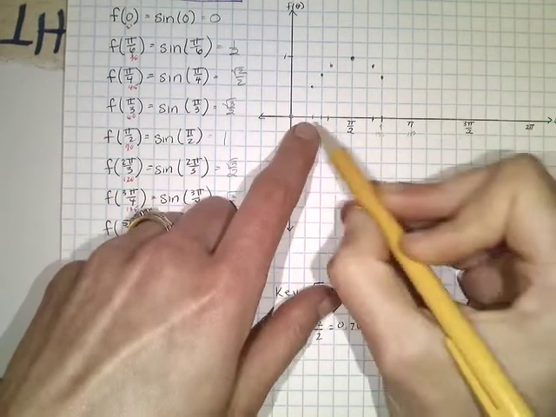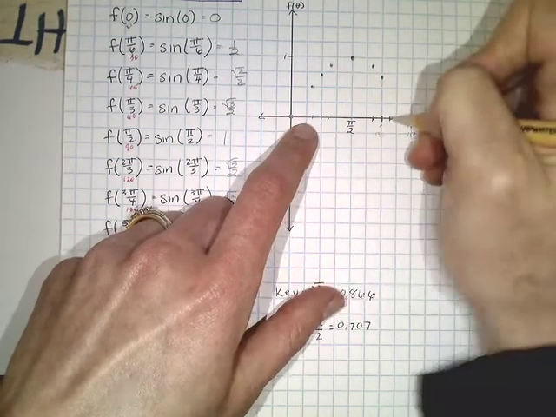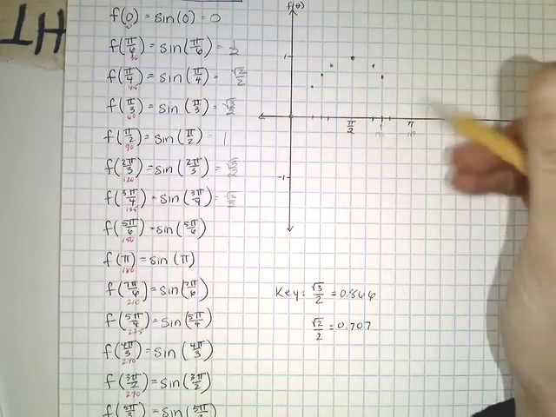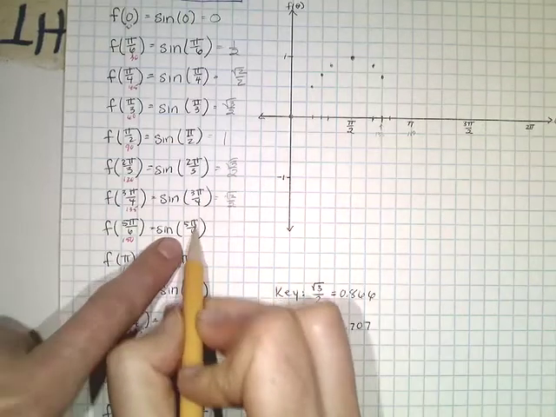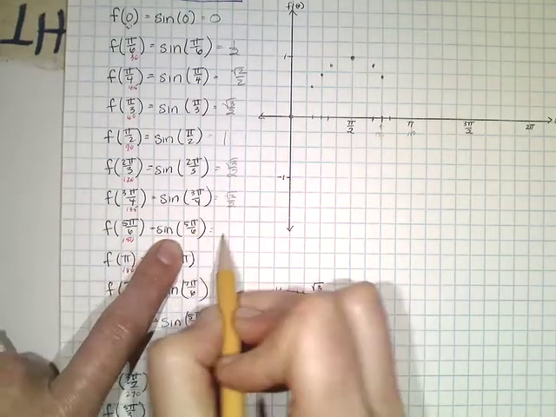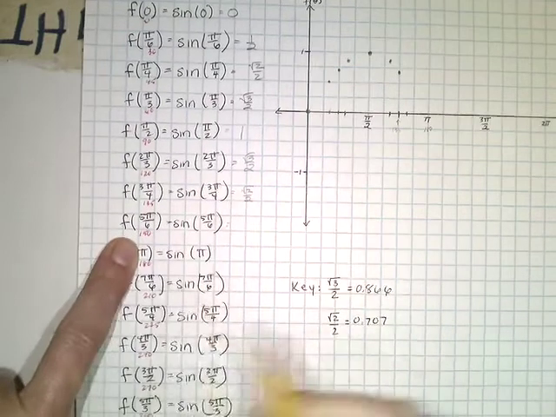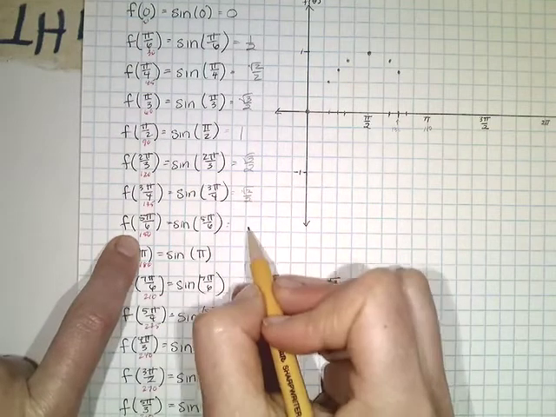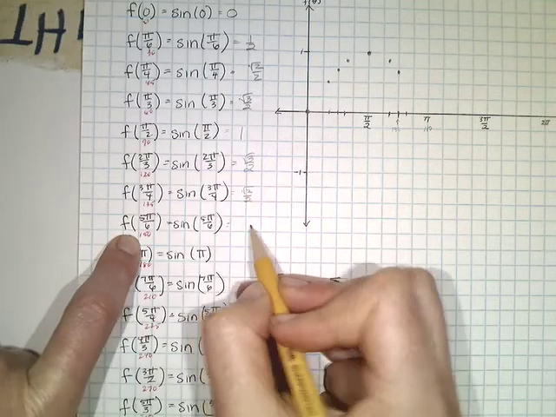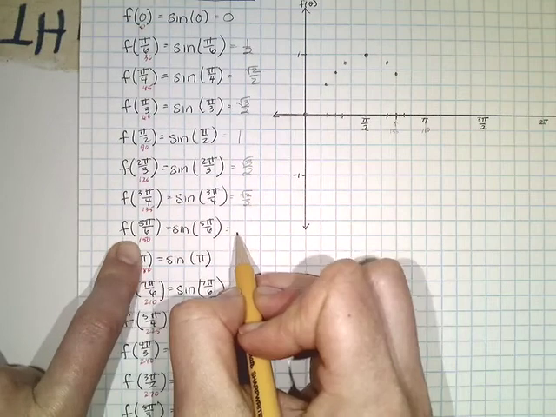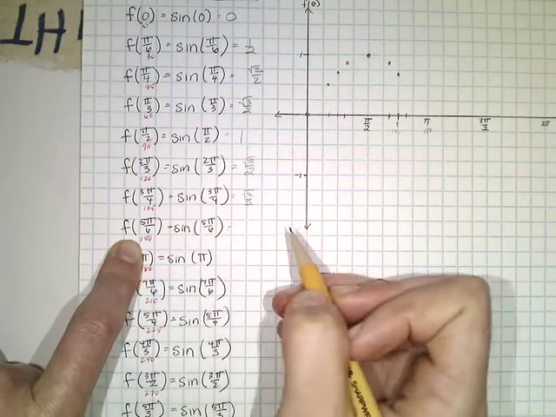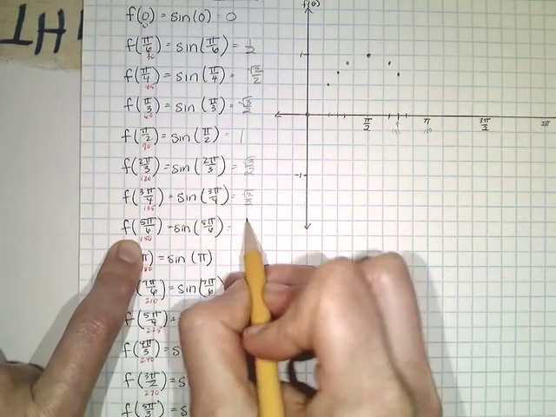And then, what do we got here? Well, sine of 5 pi over 6, I'm pretty sure that's 150. Oh, it is. Look, I wrote it in red. Clever. And 150 has the same reference angle as 30, which means it's going to produce the same y direction, just in a different quadrant. And what is that, 1/2?